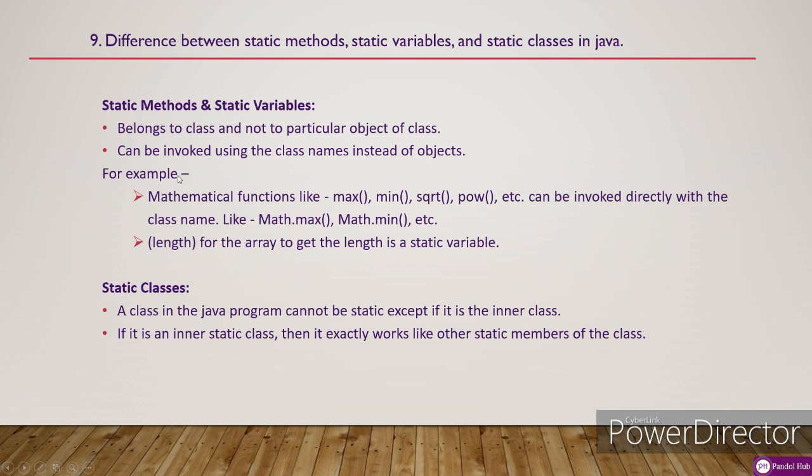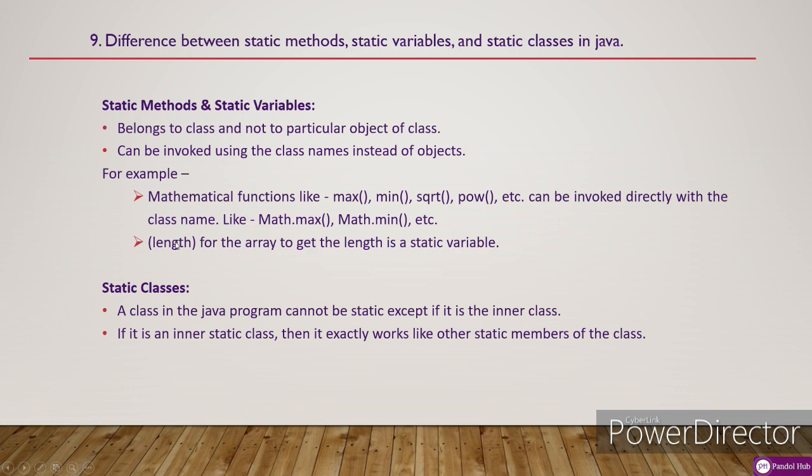So here is the example, like the mathematical functions like max, min, square root, power, etc. They can be invoked directly with the class name, like Math. So this Math represents the class, and these methods are the static methods since they are just directly called using the class name instead of creating an object for this Math class.